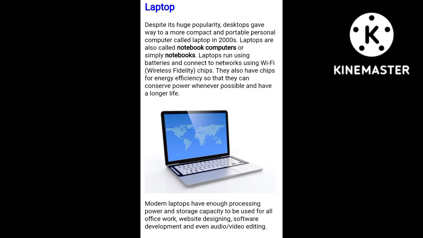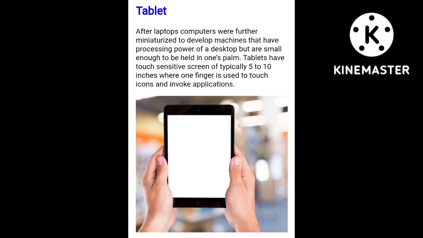They also have chips for energy efficiency so that they can conserve power whenever possible and have a longer life. Modern laptops have enough processing power and storage capacity to be used for all office work, website designing, software development and even audio and video editing.